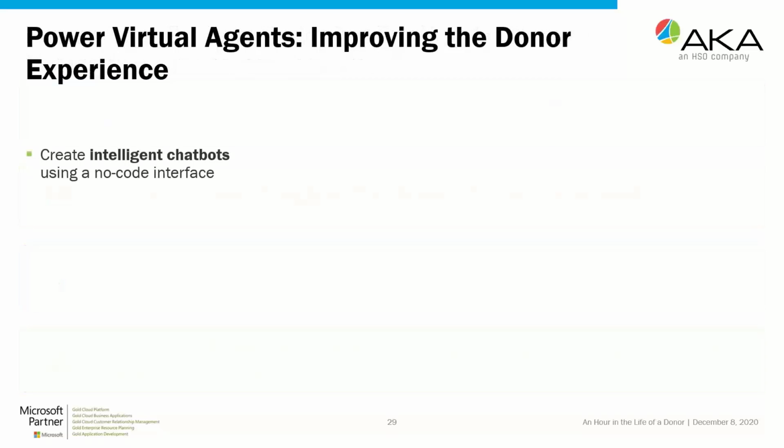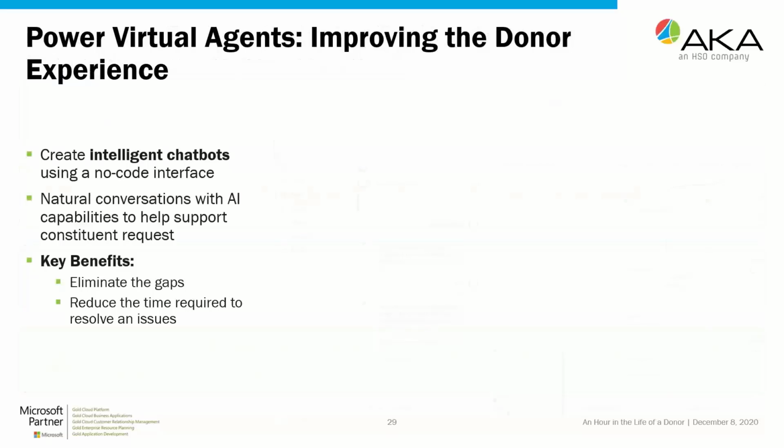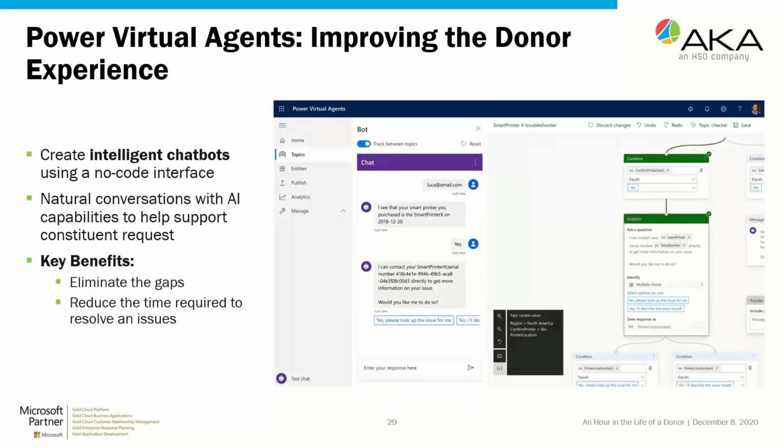And then the next piece that I'd like to talk about, which we've seen work out very well, is virtual agents and really improving that donor experience. With virtual agents, nonprofit organizations have the ability to create those intelligent chatbots using that low-code, no-code approach. With these chatbots, constituents are able to have those natural conversations with that AI capabilities to help promote that self-service.